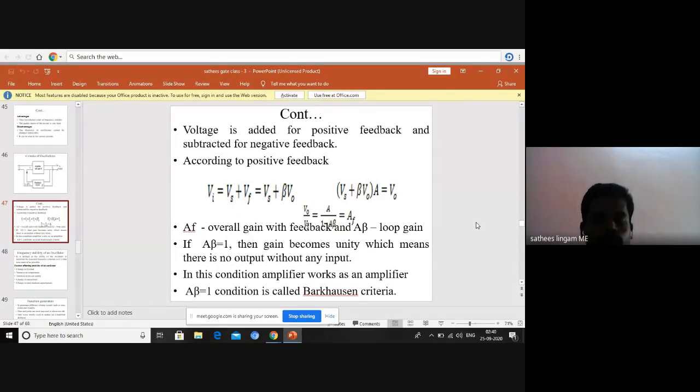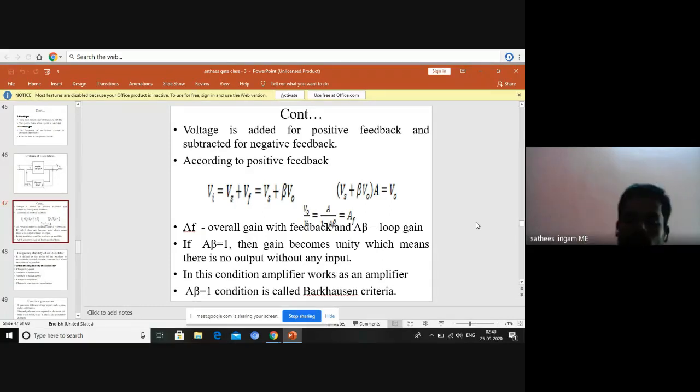So if A beta is equal to 1, then the gain becomes unity, which means there is output without any input. Under this condition, the amplifier works as an oscillator.